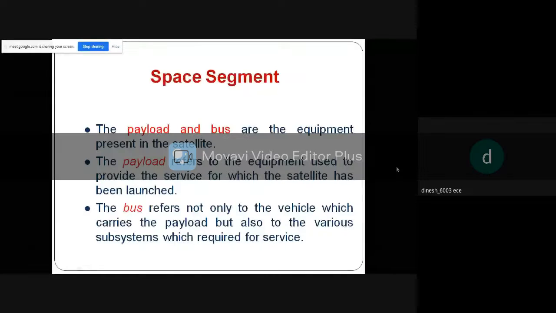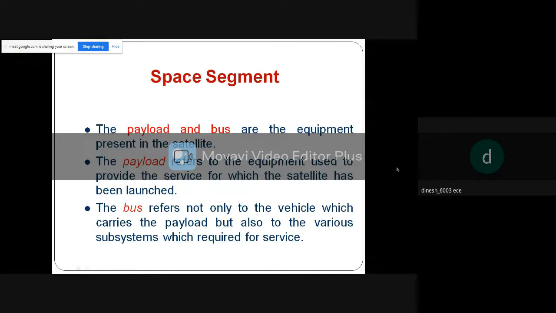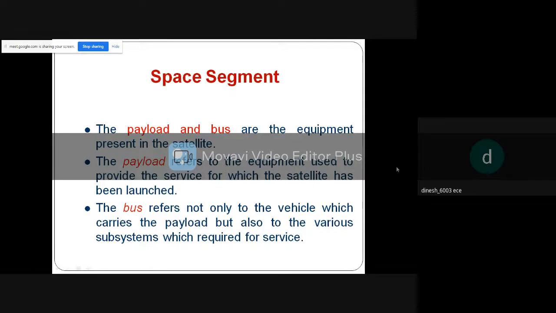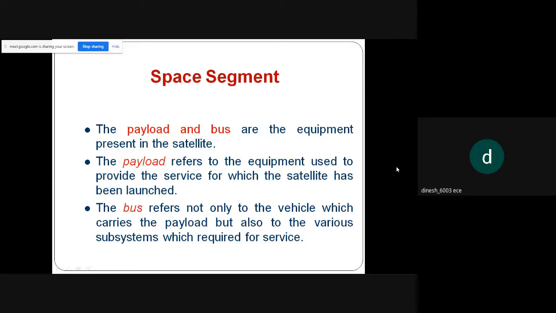Similarly, we have in the satellite a bus, which refers not only to the vehicle which carries the payload, but also to the various subsystems which are required for the particular service. Depending upon the service, the number of buses may increase or decrease. So connecting all the units in the payload, connecting all the subsystems in the satellite is the function of a bus. So payload and bus are the equipment present in your satellite, and this satellite is a part of your space segment.